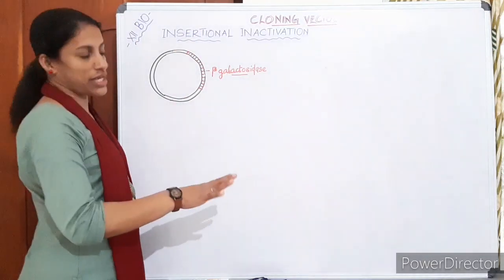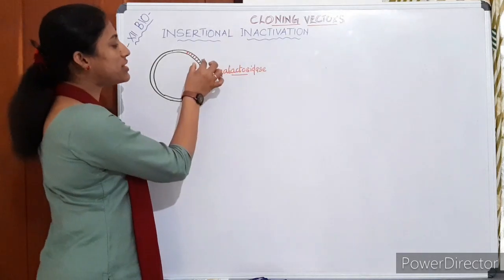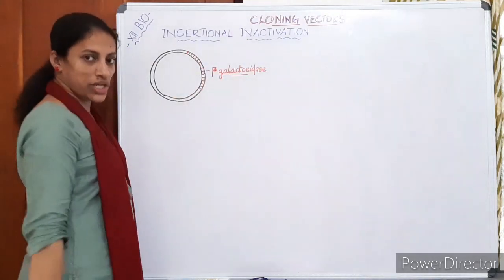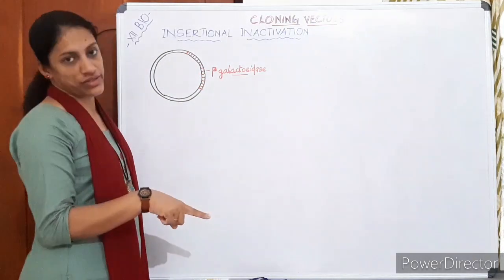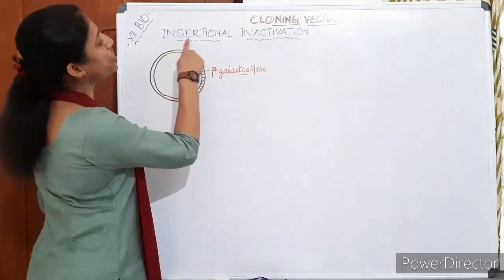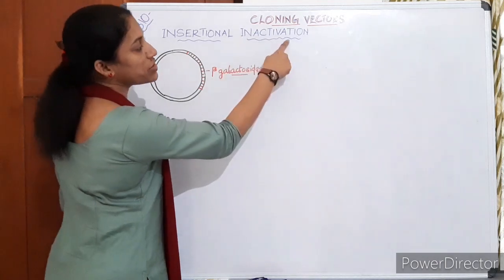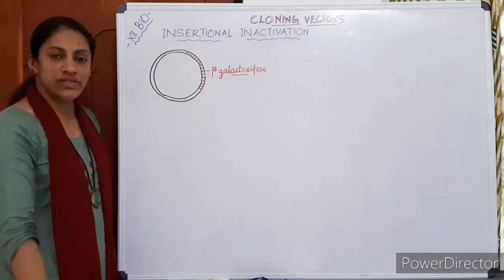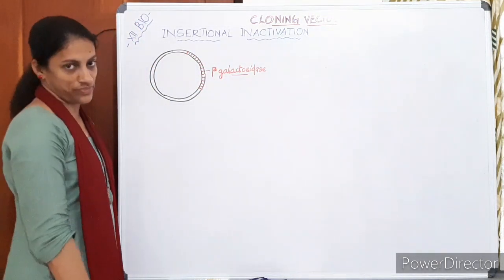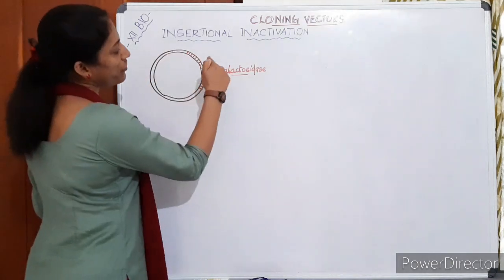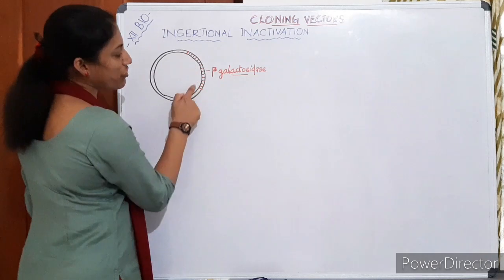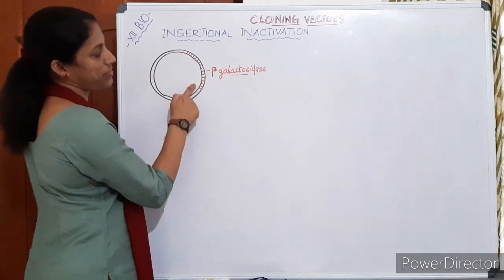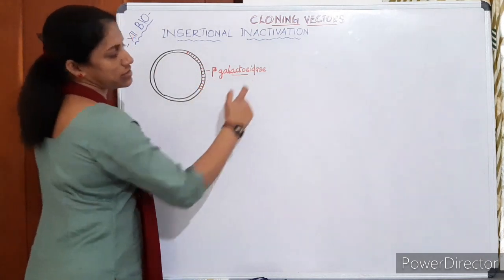In the previous case, when we inserted a gene in pBR322, it lost what? Tetracycline resistance. That means due to insertion, it inactivated tetracycline resistance gene expression. Here, if we are inserting a foreign gene into the sequence of the beta-galactosidase enzyme, it inactivates this enzyme.